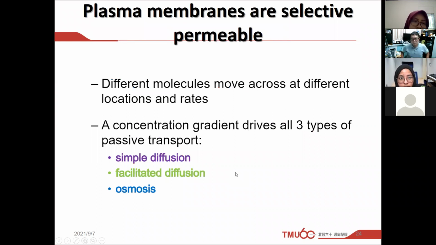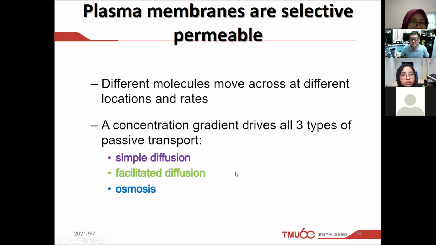Okay, so the membrane separates the environment and the cytosol. It's just like a cell wall. However, they still need communication between the environment and the cell body, correct? So what kind of substance will get into the cells?